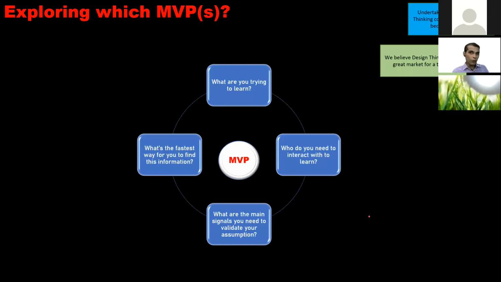But what am I assuming over here? I believe that design thinking has a great market in India for a trainer. So I could have very well gone and done this training, and then later found out that, oh man, there's no opportunity. There's nobody interested in design thinking.